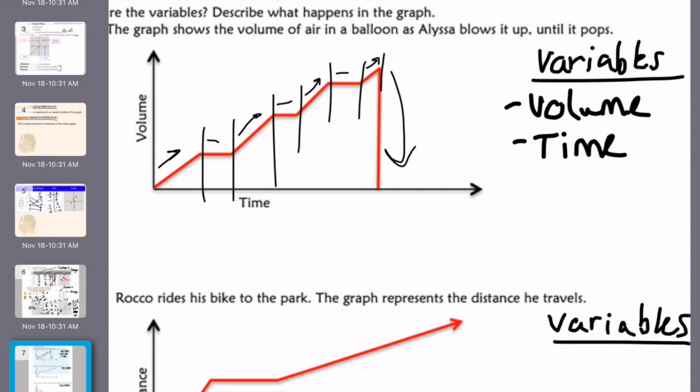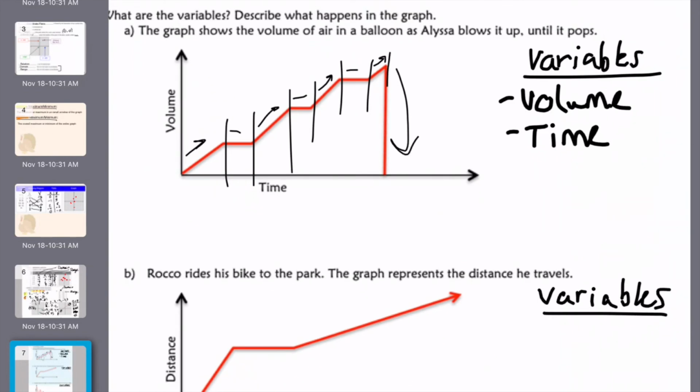Then we need to take that next step and think about what this is possibly trying to describe. When the graph is increasing, she's blowing up the balloon, the volume is getting larger. When the graph is flat, the balloon isn't growing anymore, it's not gaining any more volume, so maybe she's breathing. And when the graph drops, the balloon is popped and there's no more volume left.